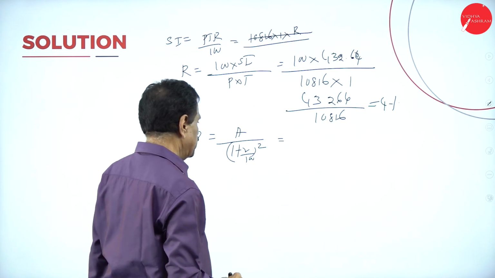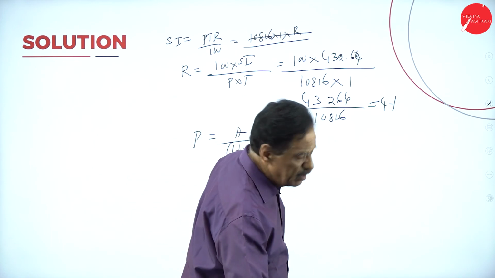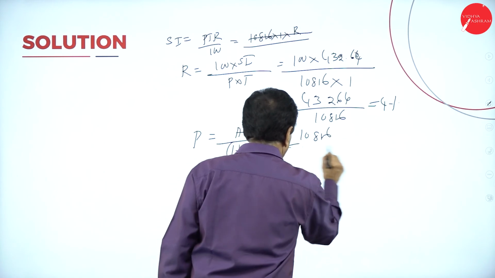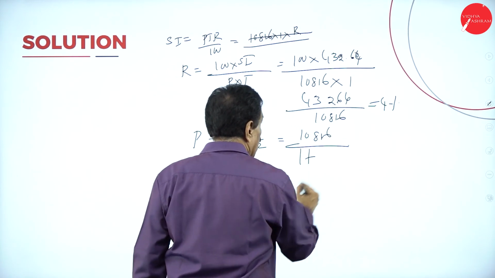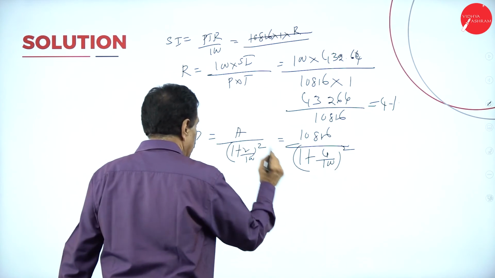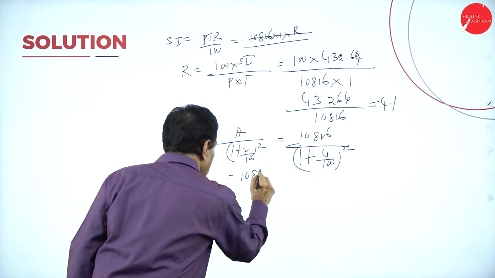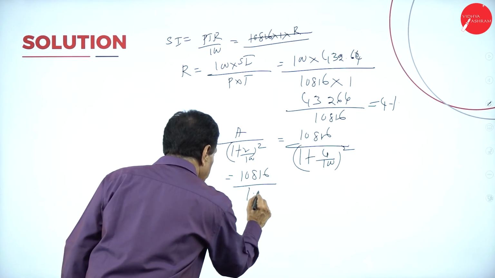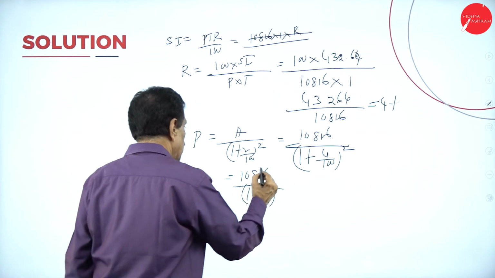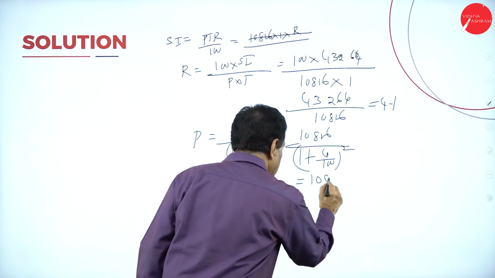You have to find out the principal money. What's your amount now? 10,816 divided by 1 plus 4 over 100, that is 1.04 to the power of 2.